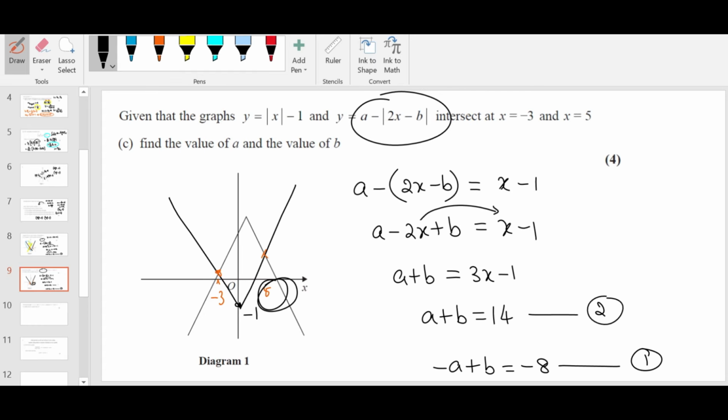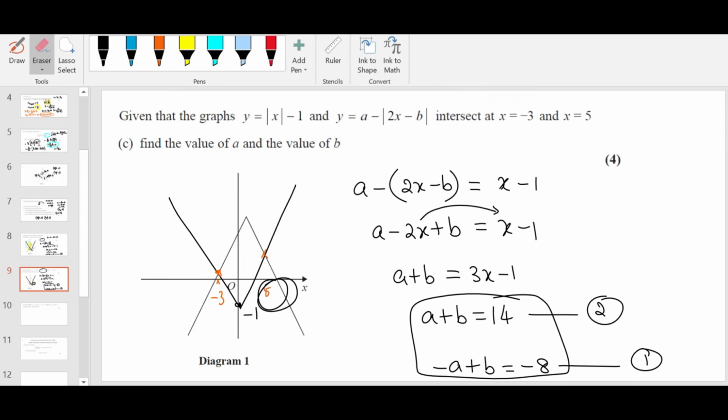That's number 2. So now listen to me carefully. This is just solving simultaneous equations. You can find the values of a and b. But here, this is what you need to understand. Whenever they are talking about the point of intersection of two modulus graphs, look at the graph. The first one is a line with the negative slope, and then the line with the positive slope.